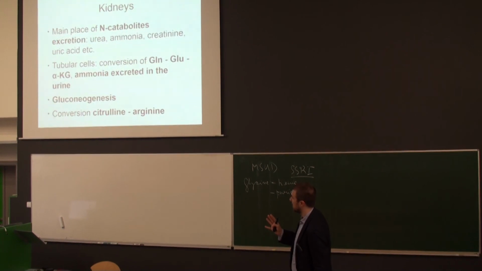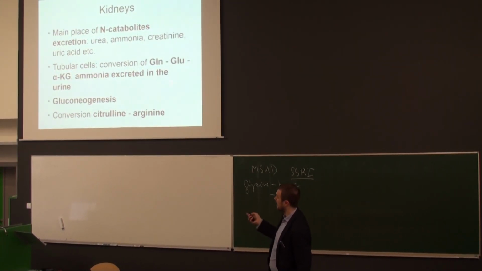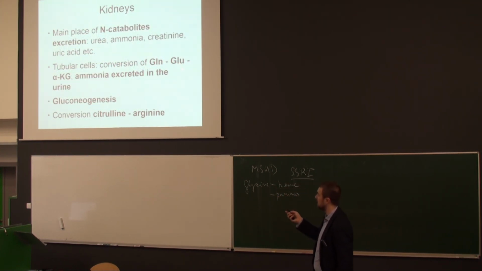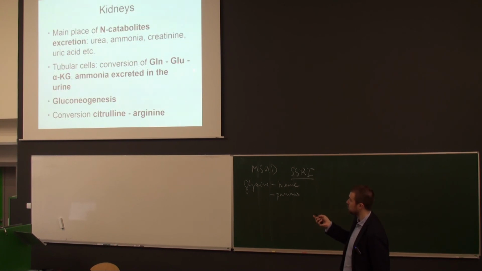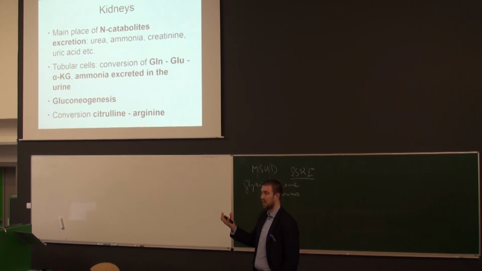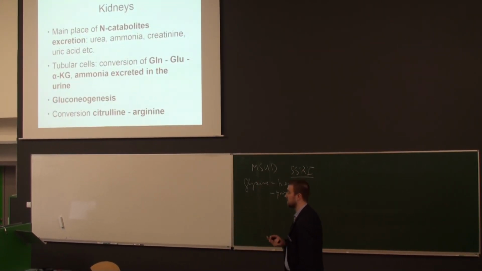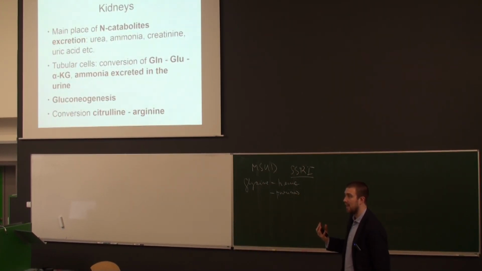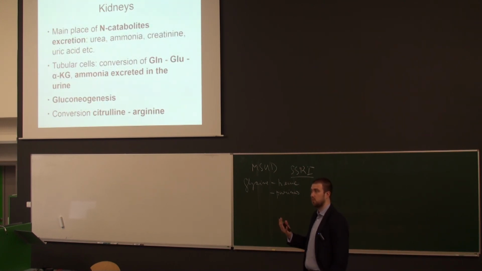And in that moment, your kidney cells will actively take glutamine, convert it by glutaminase to glutamate, and then do the oxidative deamination to alpha-ketoglutarate. And the ammonia that is released from these reactions will be excreted directly into the urine. In that form, the ammonia typically catches a hydrogen proton, and therefore by this mechanism you lose protons from your body. And that's what you want to do if you have acidosis.